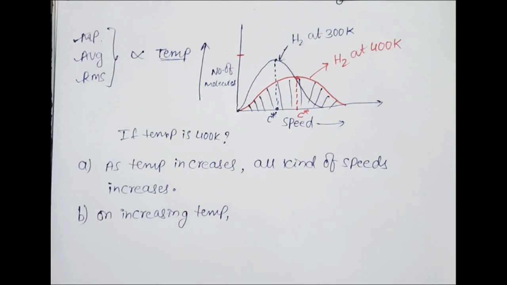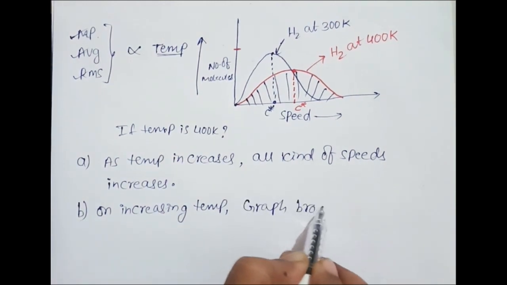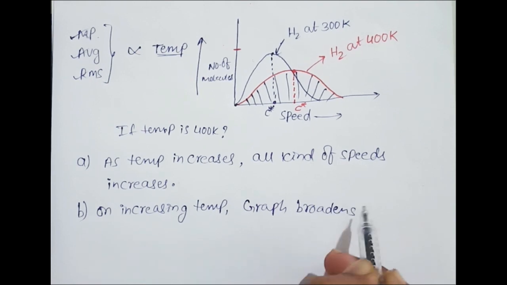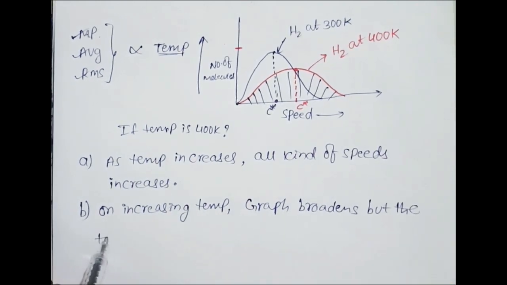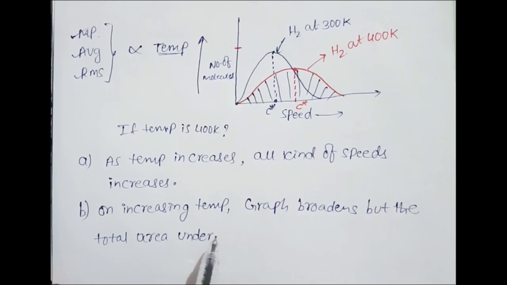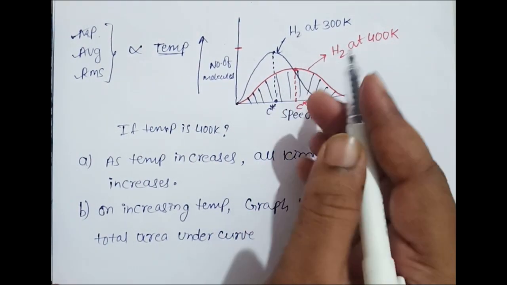So on increasing the temperature, what is happening? The graph broadens, but the total area under the curve will indicate ultimately the number of molecules, which is not going to change.